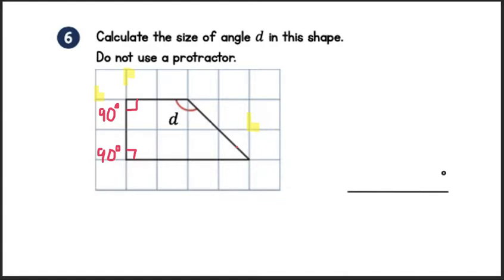Now this angle here is smaller than 90 degrees. And we know that because again, if I highlight the corner of this square, which would be 90 degrees, it's actually halfway between 0 and 90 degrees. So therefore I know that this angle is 45 degrees because 45 is half of 90.